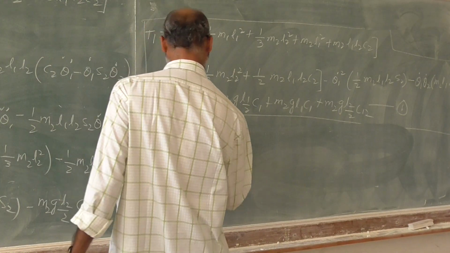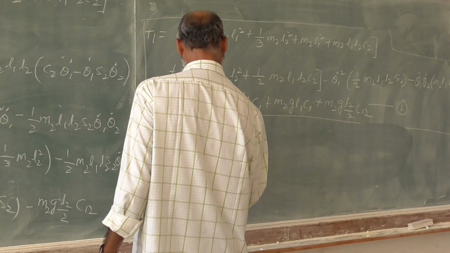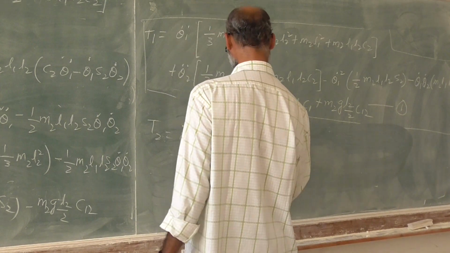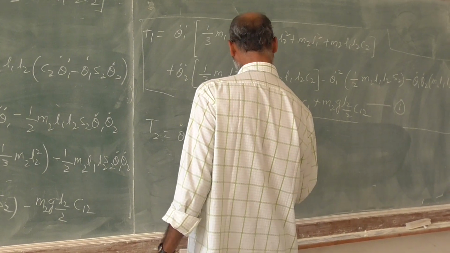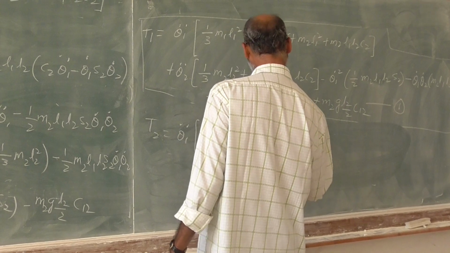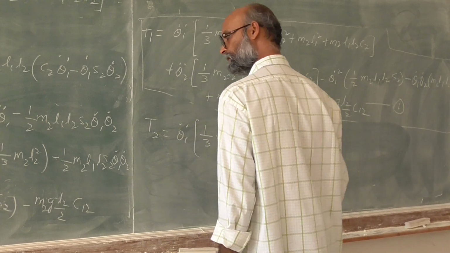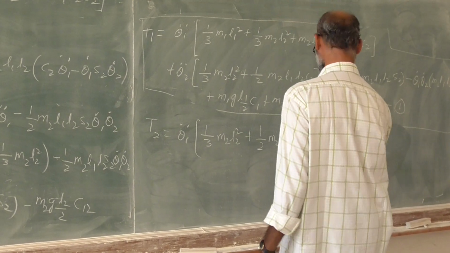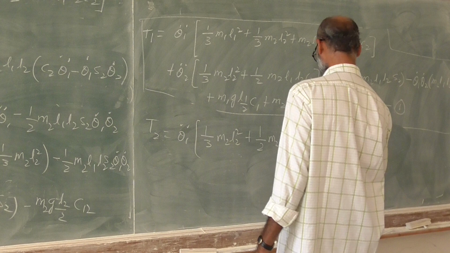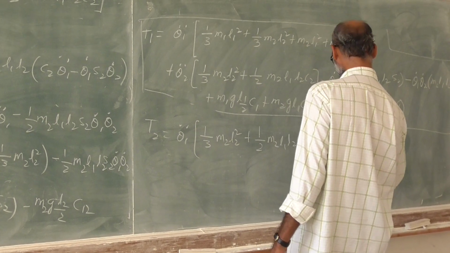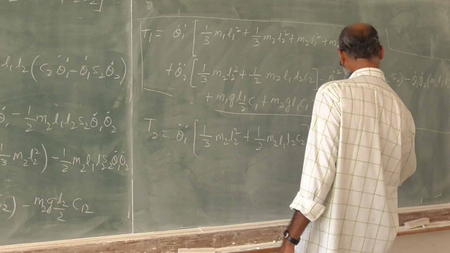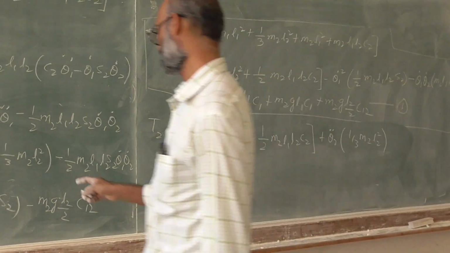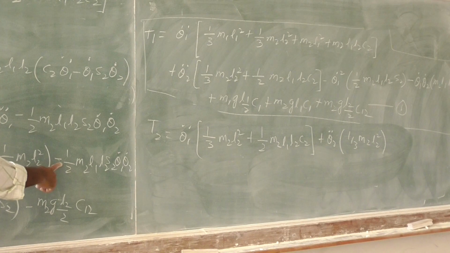So 1 by 3 M2 L2 square plus 1 by 2 M2 L1 L2 C2 plus theta 2 dot. We have 1 by 3 M2 L2 square. Please note minus and this is plus.